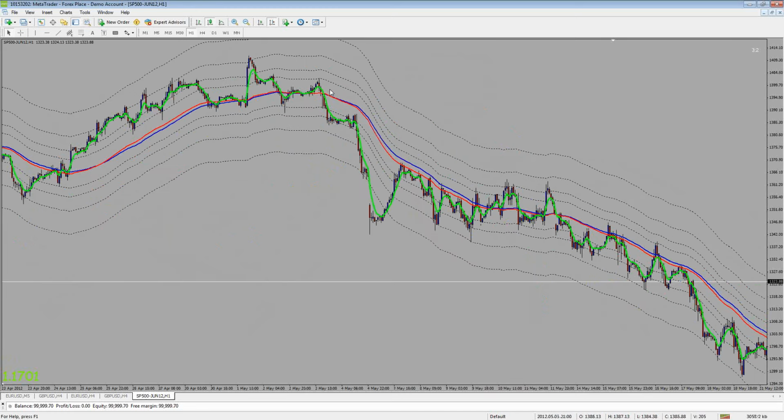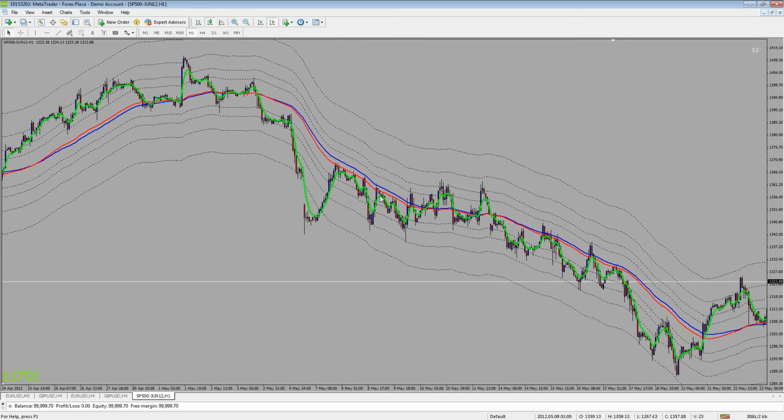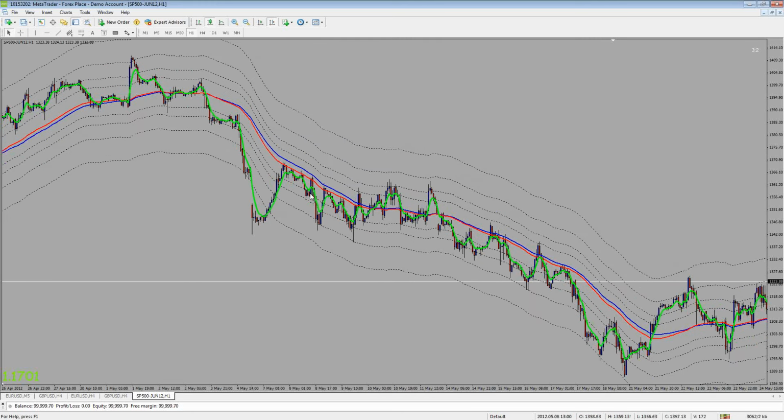For a downtrend, we're looking for the 75 moving average to be below the 85 moving average, and the price obviously below these two long moving averages, or the 5 moving average below the 75 and 85 moving averages. We'll be looking to go short either when it crosses down or when the price comes back to the baseline.